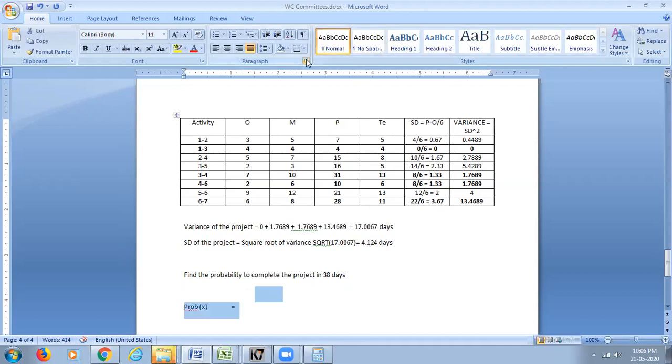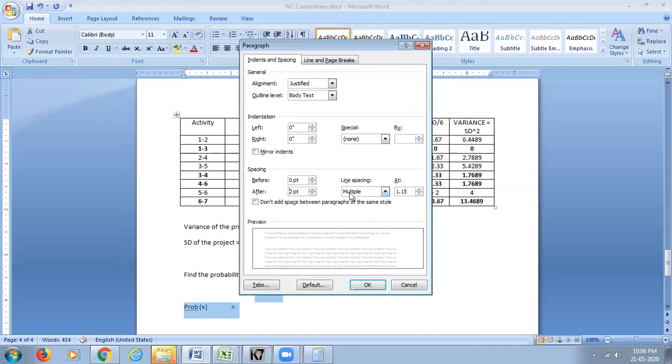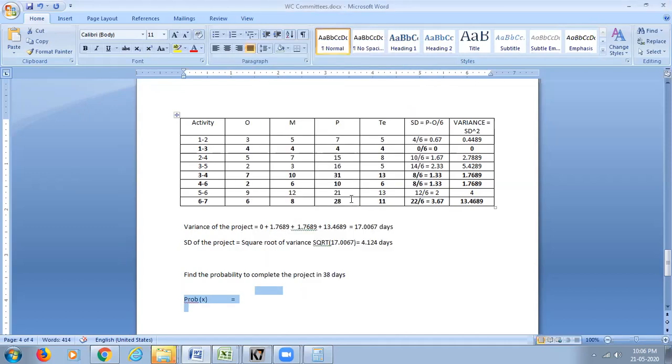equal to x minus mu divided by standard deviation. It is the modulus of x minus mu by standard deviation.